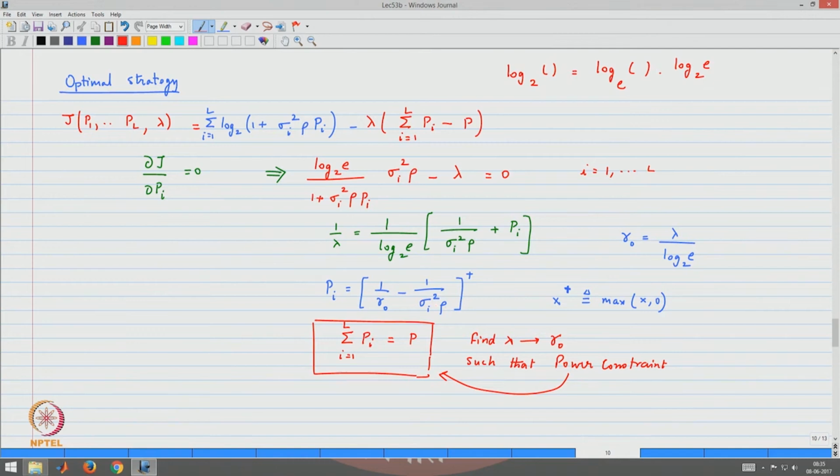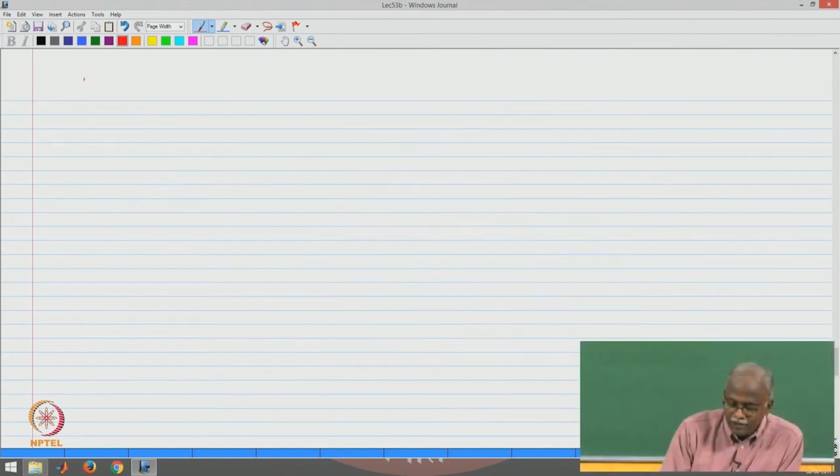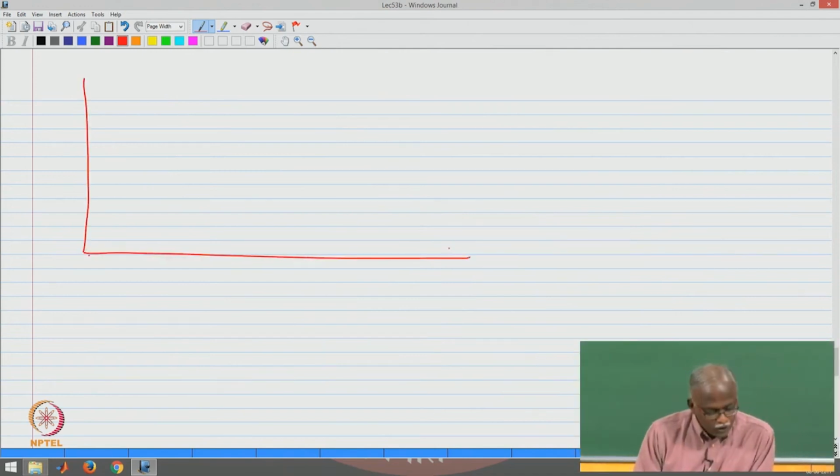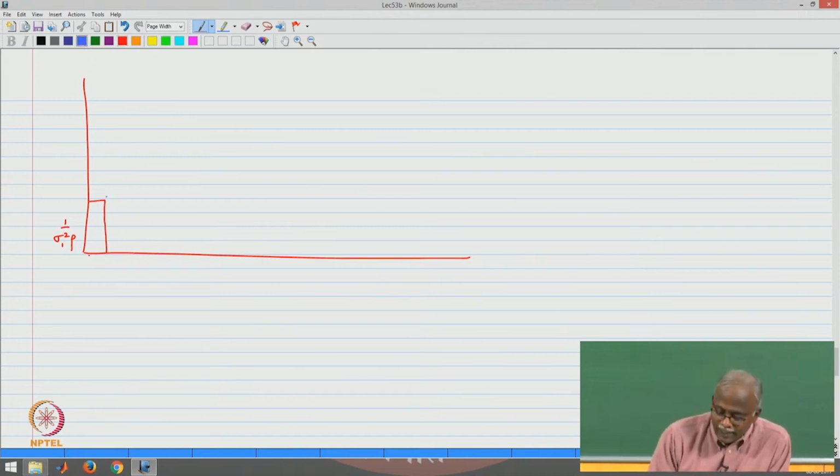So, if you were to draw a pictorial representation of these, you draw the first parallel channel with its level 1 by sigma 1 squared times rho, and then the second channel which has got a slightly smaller value of sigma I. So, that would be the second channel when I take the reciprocal. What we have drawn here is 1 by sigma 2 squared times rho.